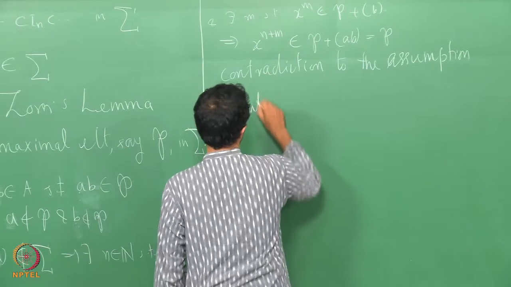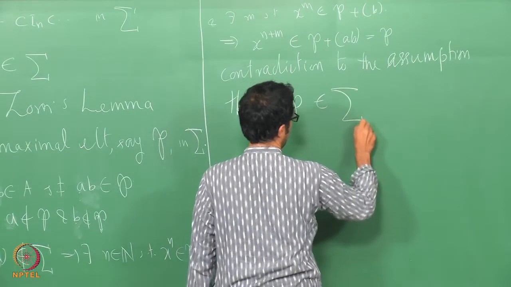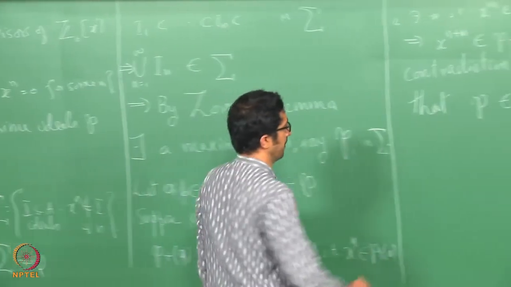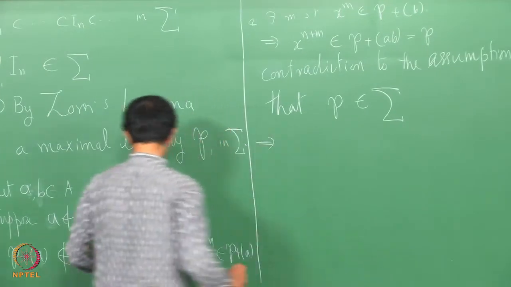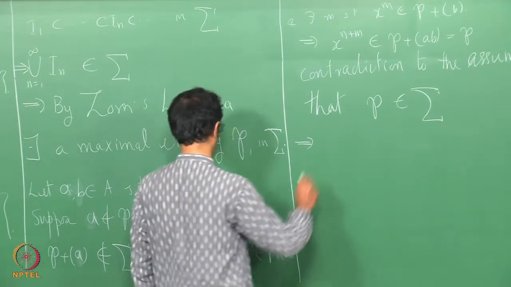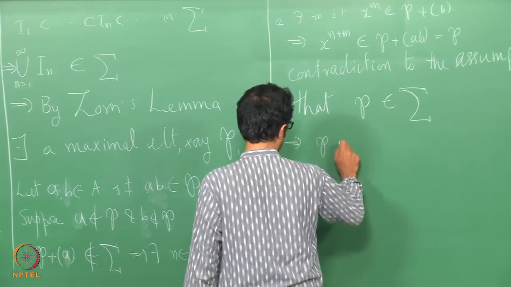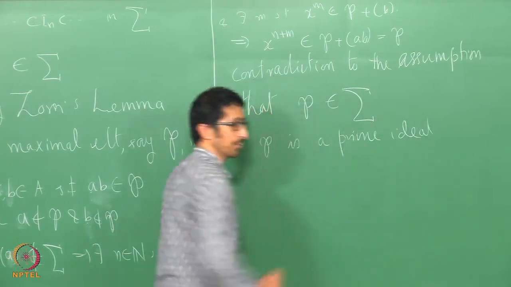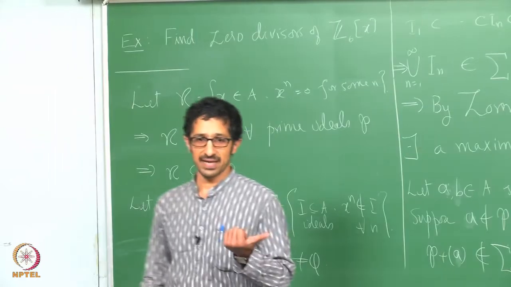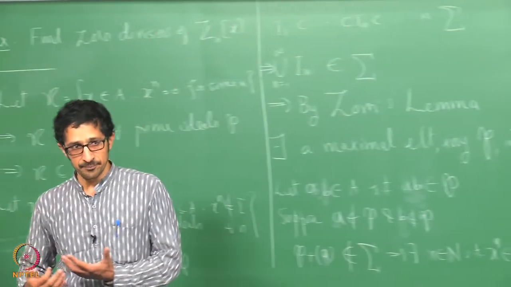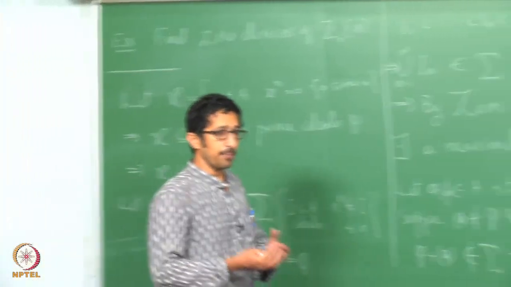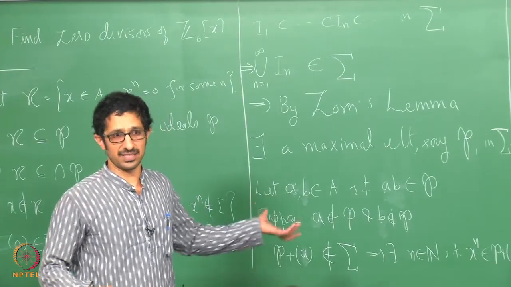So this contradiction says that either x belongs to P or y belongs to P. This implies P is a prime ideal. So P is a prime ideal in sigma, which implies that P does not contain x. So what we have done is, if x is not nilpotent, we have come up with a prime ideal which does not contain the given element.